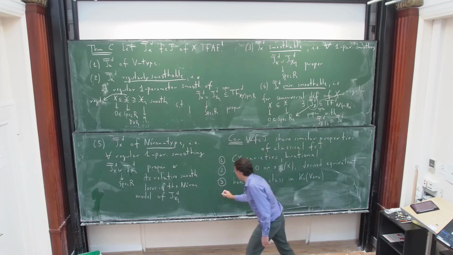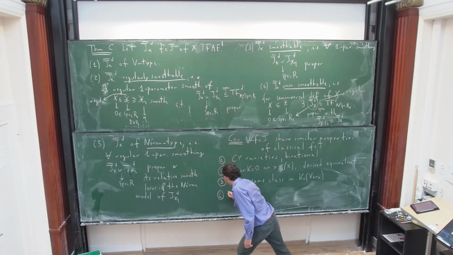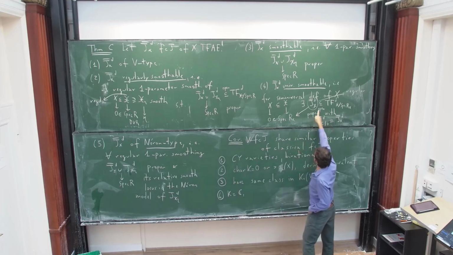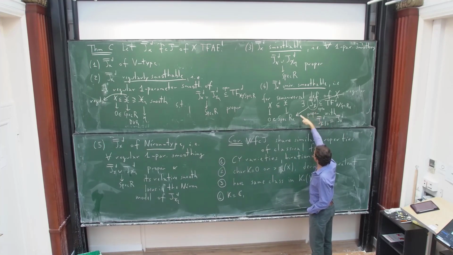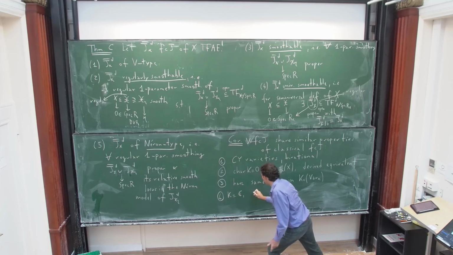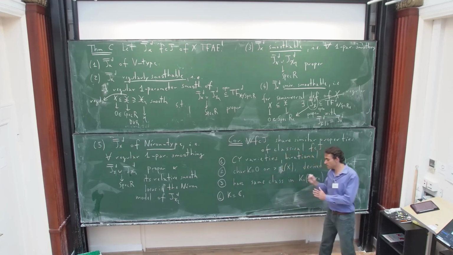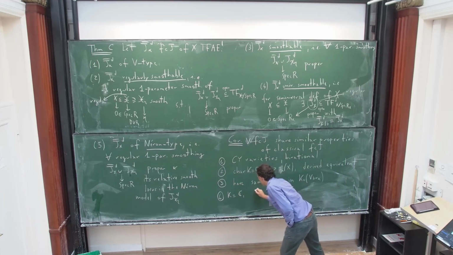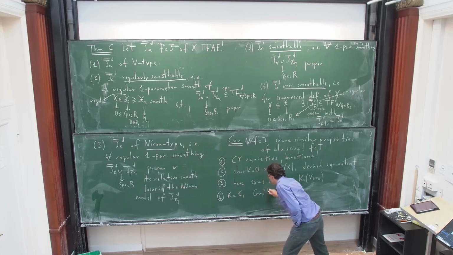And also, if you are over the complex numbers, then there is a perverse filtration you can define by applying the decomposition theorem to this morphism. And there is a formula for the graded pieces of this perverse filtration.